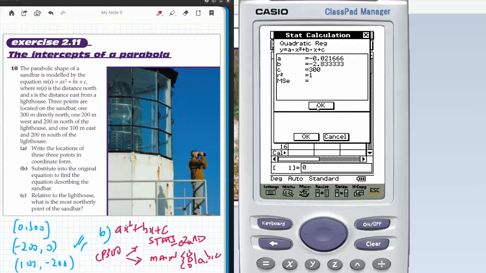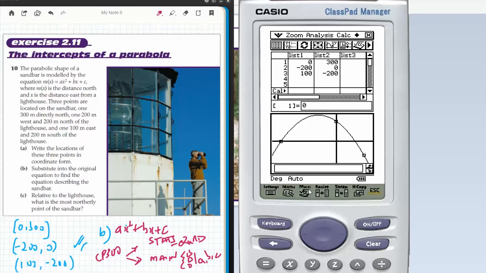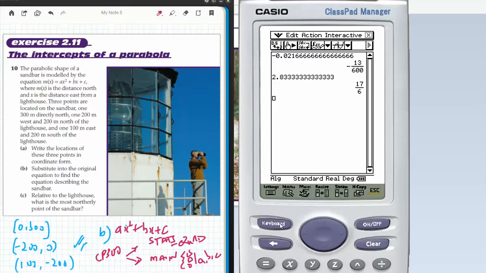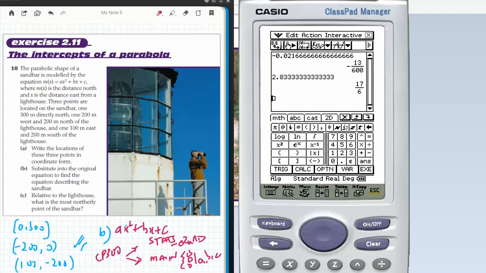They're both negative. Okay, so back into Main. Therefore my answer was y equals negative 13 on 600 x squared minus 17 on 6 x plus 300, as the rule using Stats and a quadratic regression.